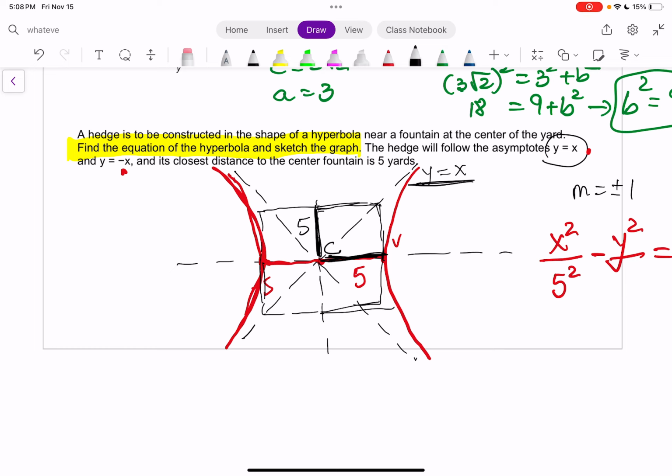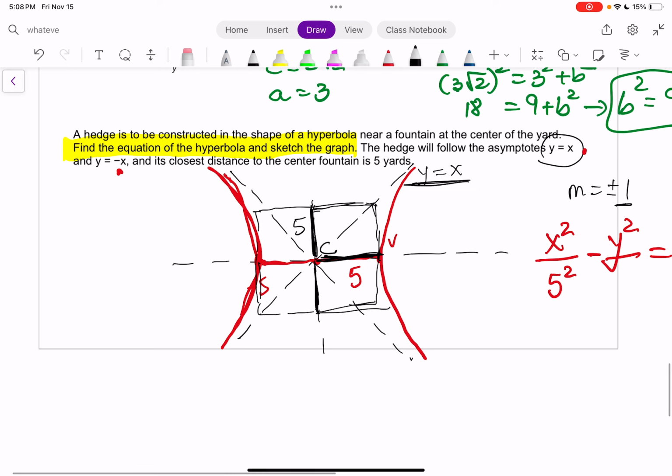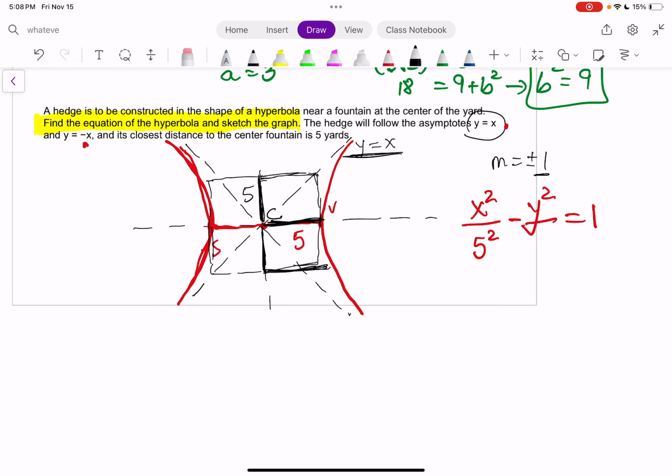So 5 over 5, right, 5 units up and 5 units to the right would get me that slope of 1. Or 5 units down and 5 units to the right will get me that slope of 1. So because the slope is 1, the A value and the B value have to be the same.